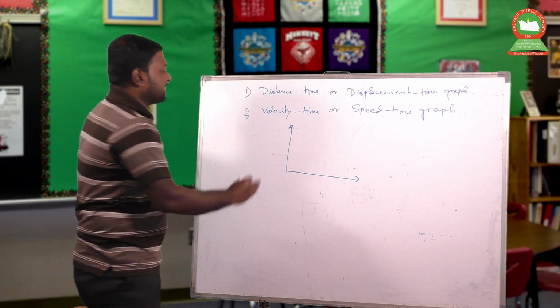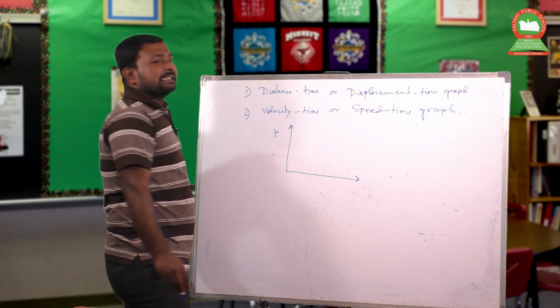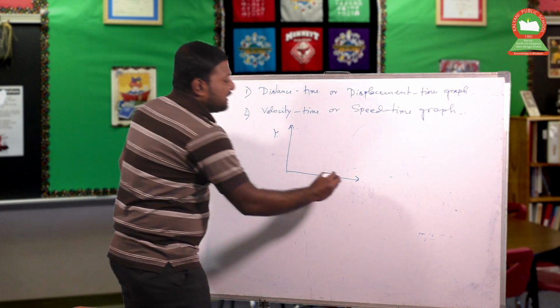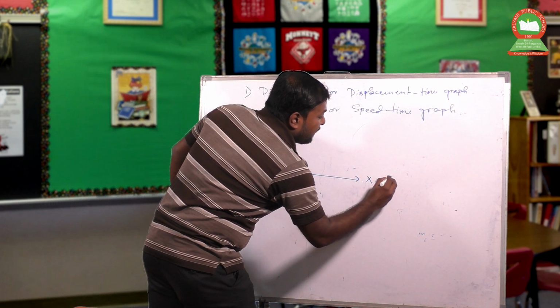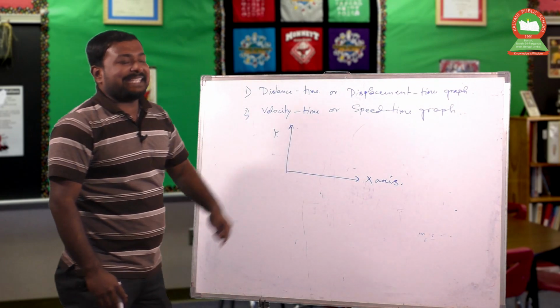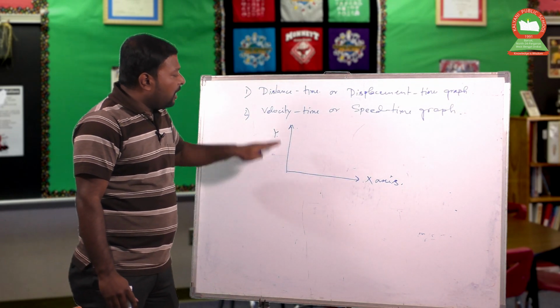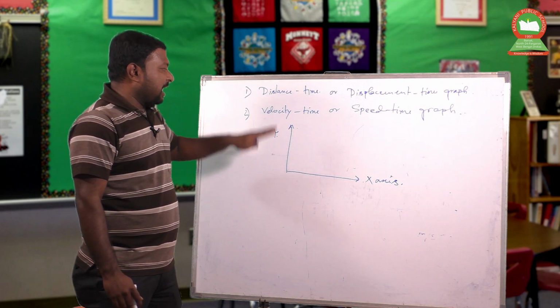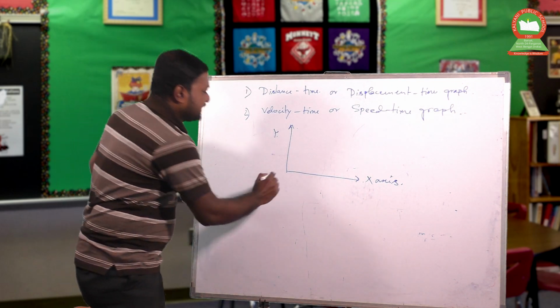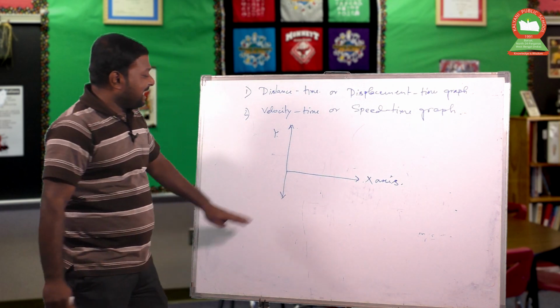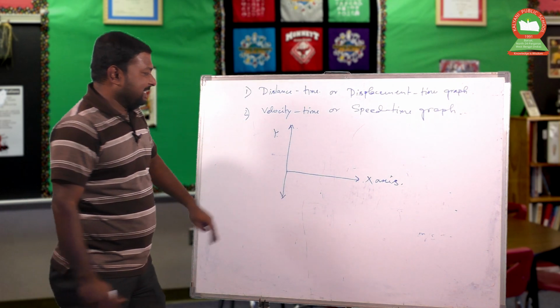One is along the x-axis, another along the y-axis. This vertical axis is called the y-axis, and this horizontal axis is called the x-axis. If we draw the y-axis in the upward direction, it is the positive y-axis; if drawn on the negative side, it is the negative y-axis.